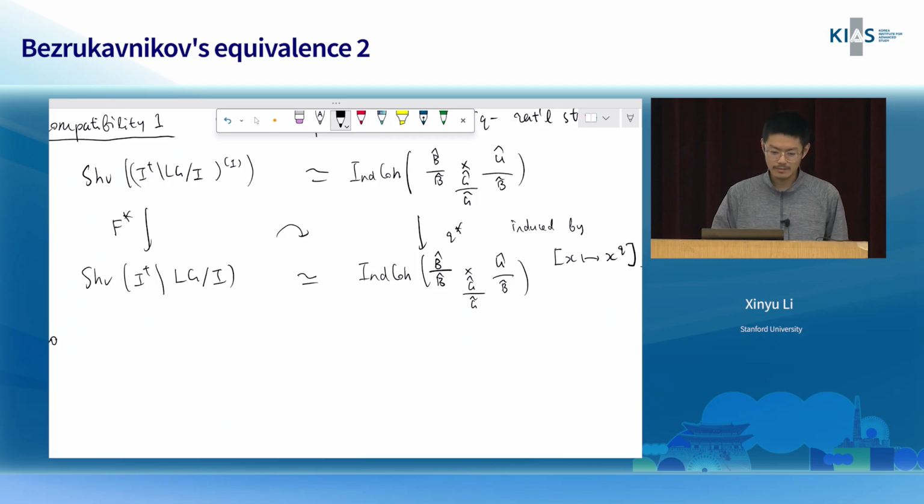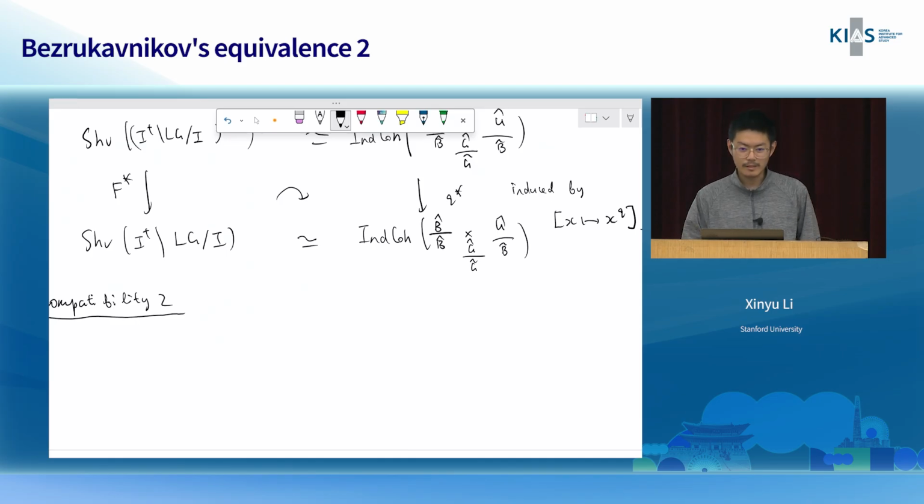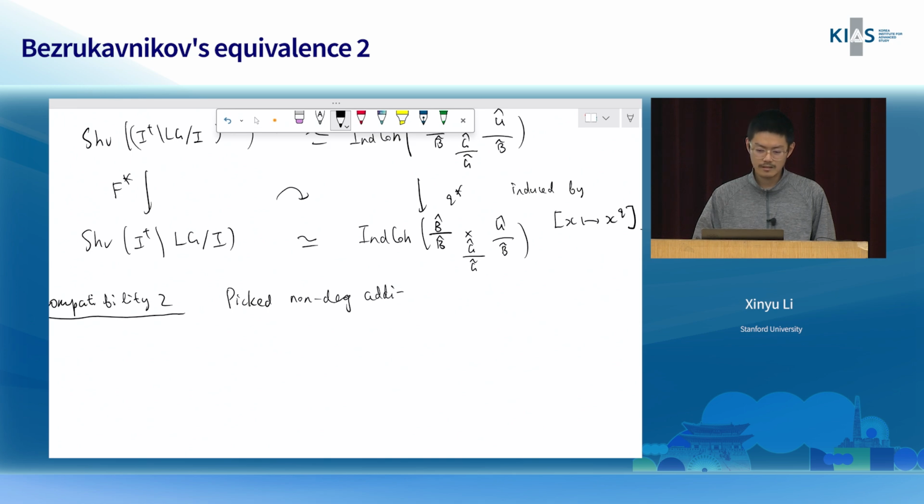The second compatibility is the compatibility with respect to outer automorphisms. So remember, we picked a Whittaker datum psi, which induces a pinning on the spectral side.